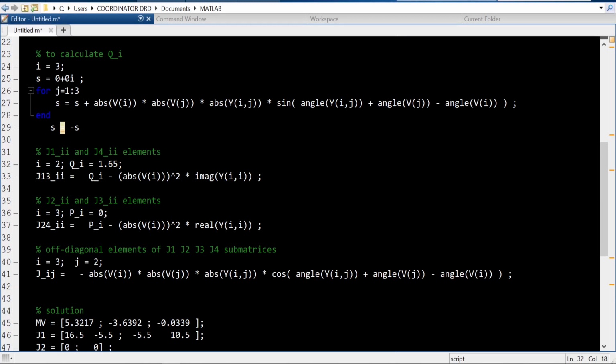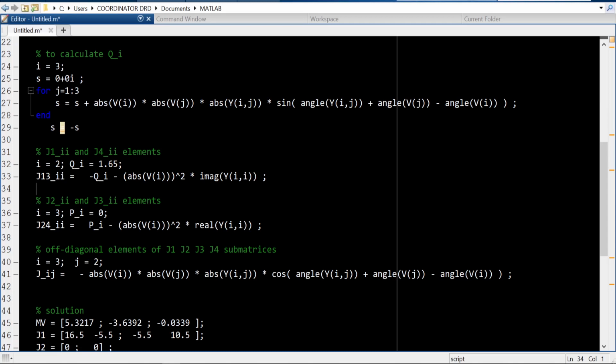Now this is minus Qi, that is minus Q2, minus V2 square into, the imaginary part of Yii, Y22, which is Bii, B22.